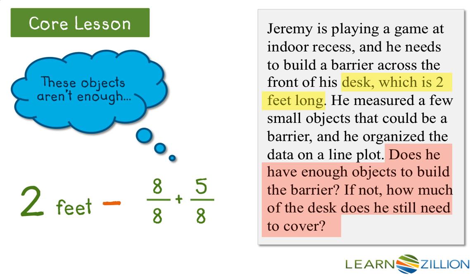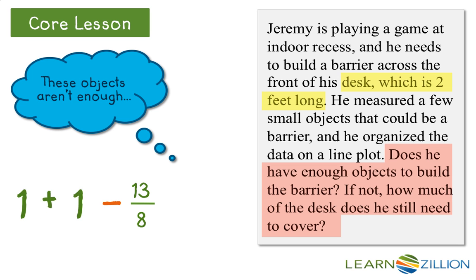So together, 8/8 and 5/8 equals 13/8 of a foot. Then for our whole number 2, that's equal to 1 foot plus 1 foot, and each foot is equal to 8/8 of a foot. So 2 feet equals 16/8 feet. So 16/8 minus 13/8 equals 3/8 of a foot left for Jeremy to barricade for his game.